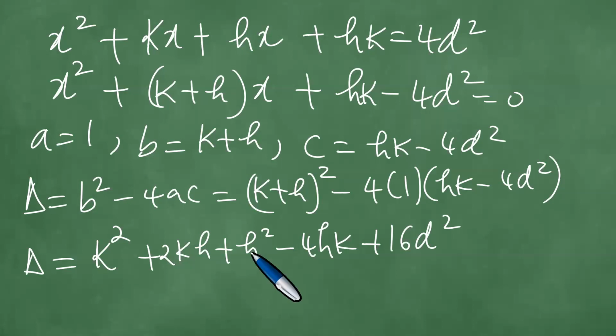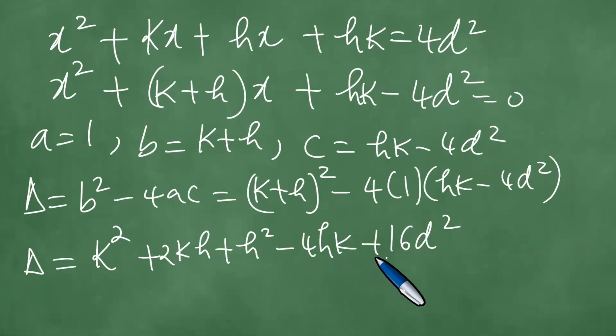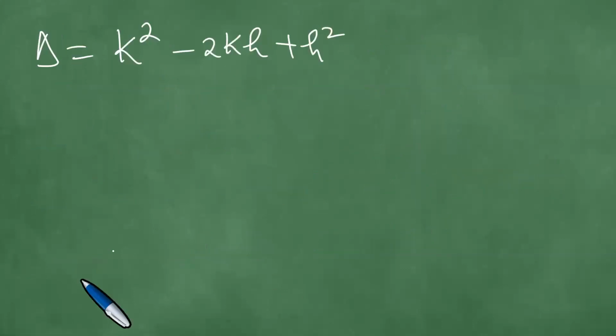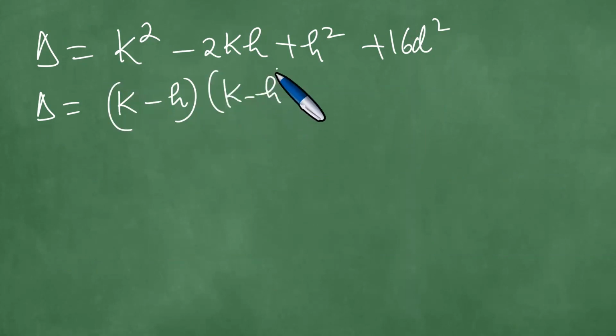And then you have here plus h squared, and then plus 16d squared. So if you have these, now you can factorize them. The factors of these are k minus h into k minus h, or k minus h all squared plus 16d squared.